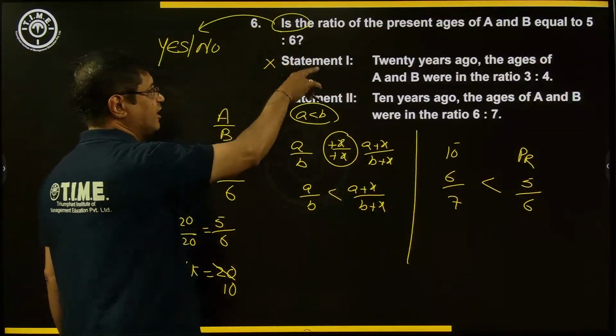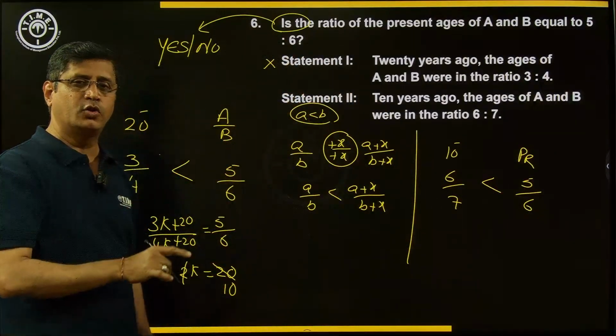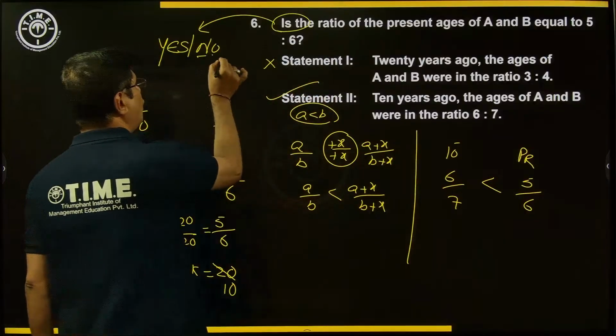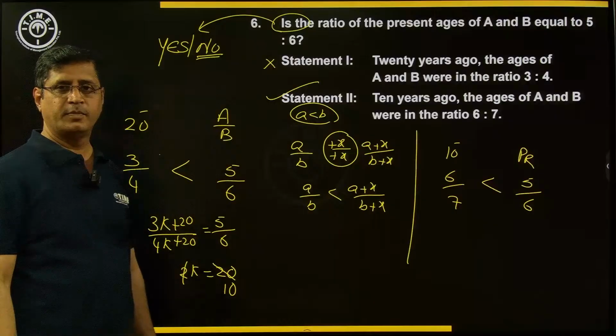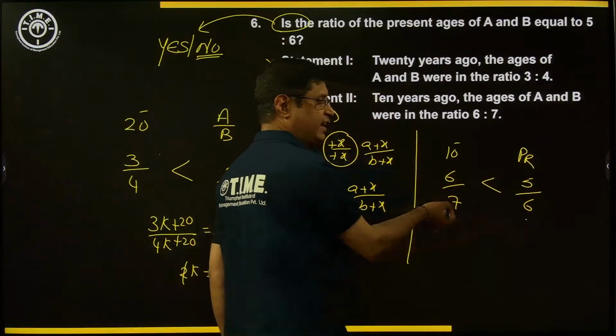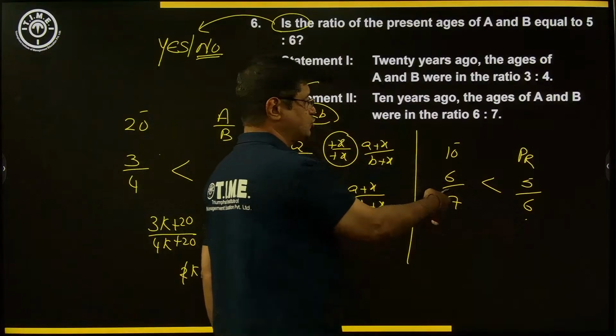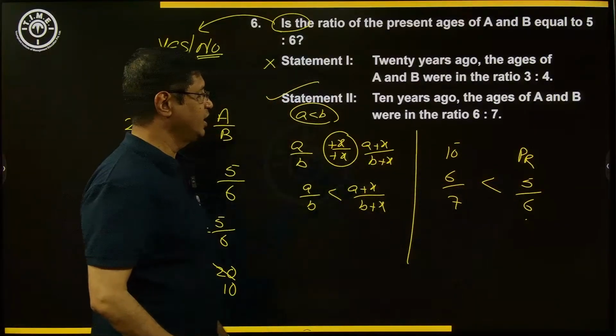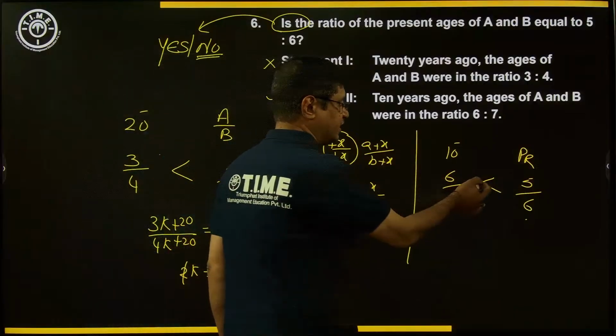Means, is the value of A and B equal to 5 by 6? 5:6 means we can say no. Here 6 by 7 should be less than the present value. So what is the condition here? Now here it is not satisfying this condition.